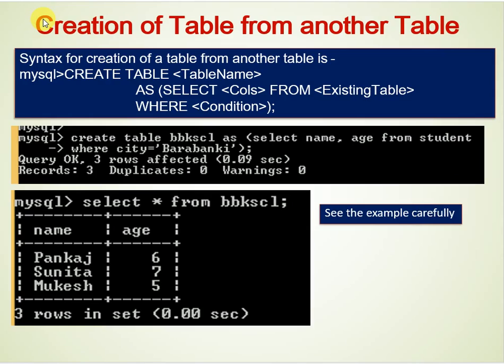Then AS keyword, and in brackets we specify what information we retrieve from the existing table: select keyword, field names from the existing table name, and then the condition.